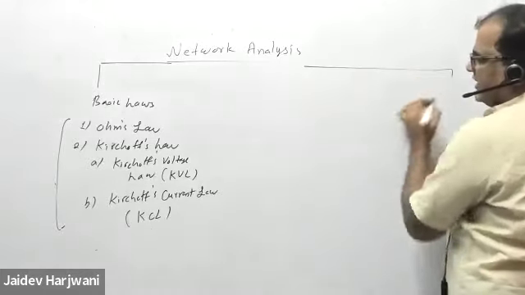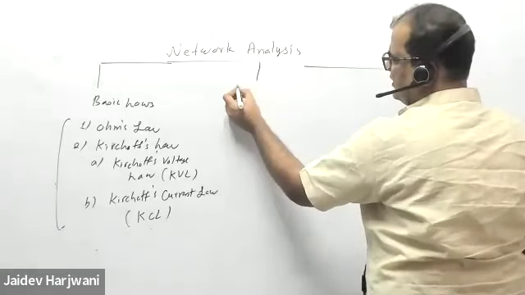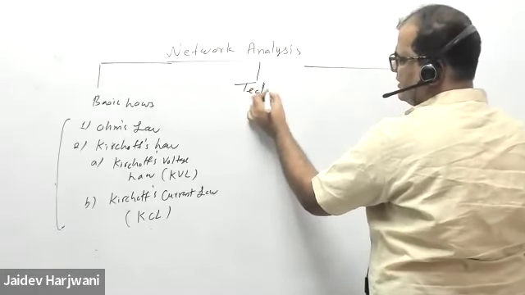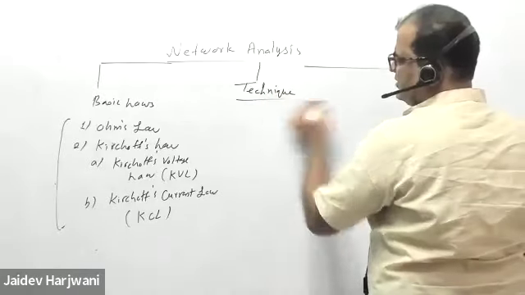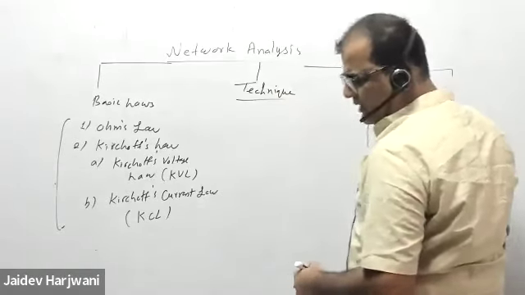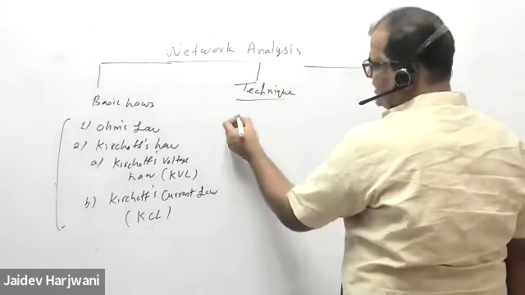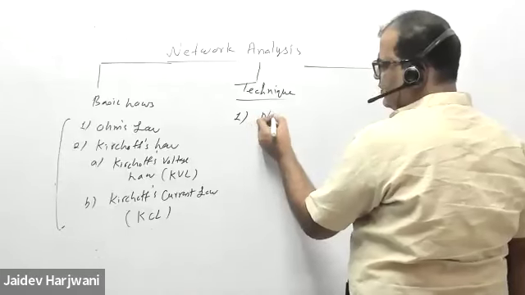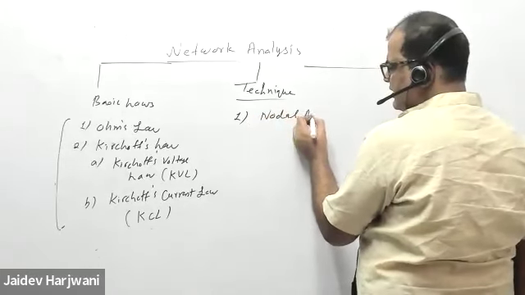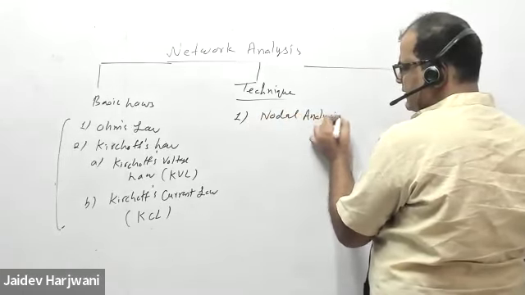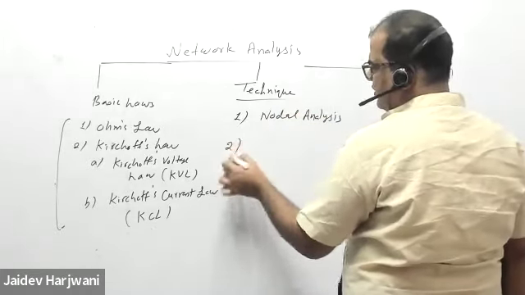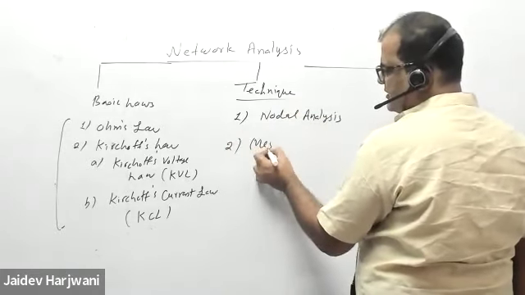Now there are some techniques. If a circuit becomes complicated, then you can use techniques. There are two important techniques. One is called nodal analysis, and the second is called mesh analysis.